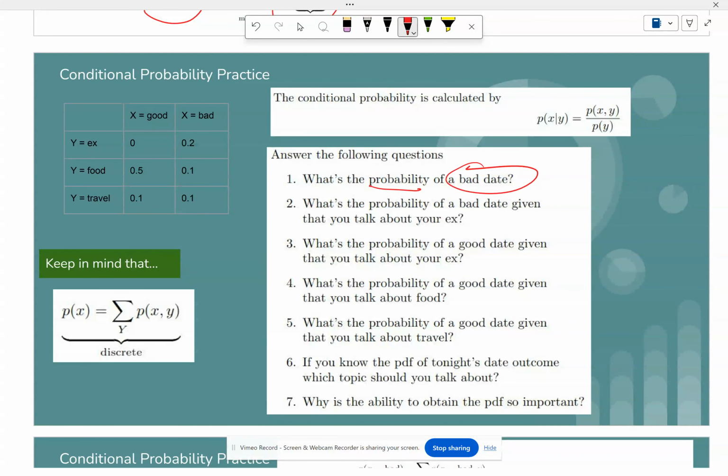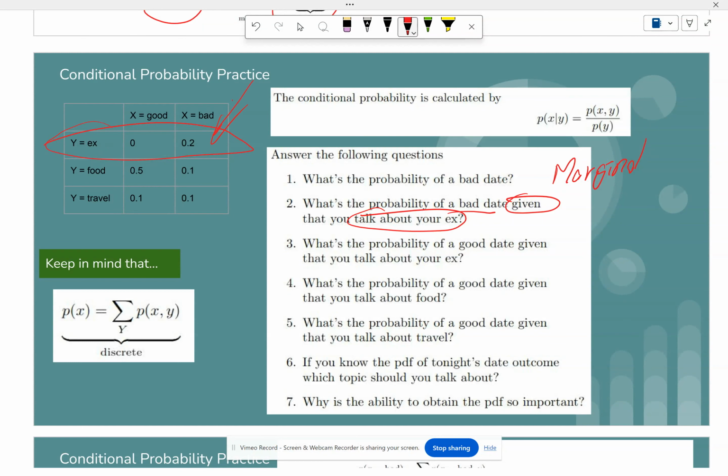The probability of a bad date, this is marginalization. What is the probability you get a bad date? Well, then you need to sum up all the possible outcomes. What is the probability you have a bad date given that you talk about your ex?